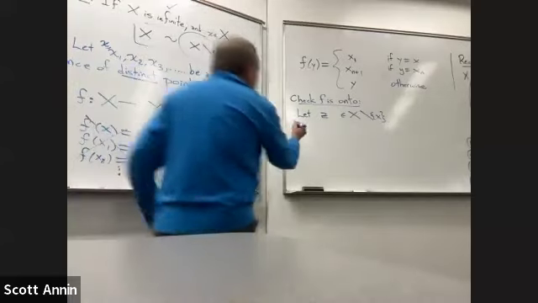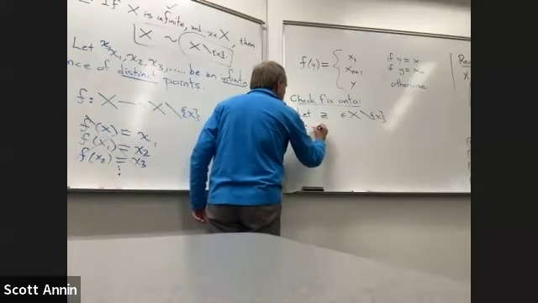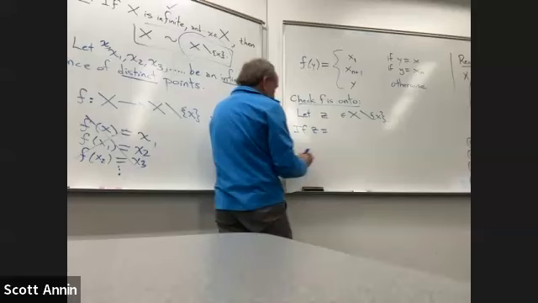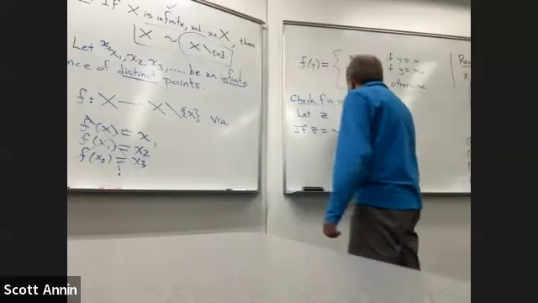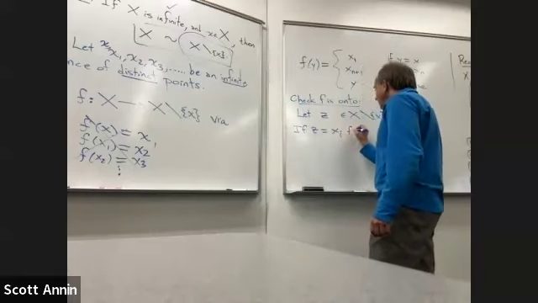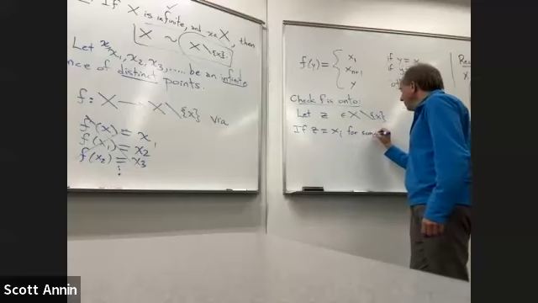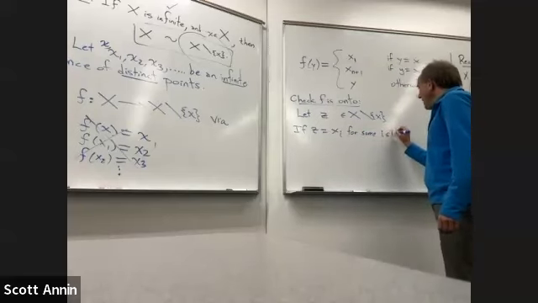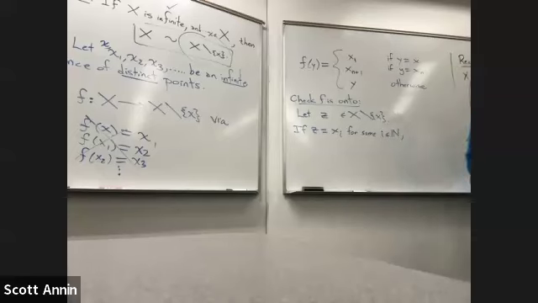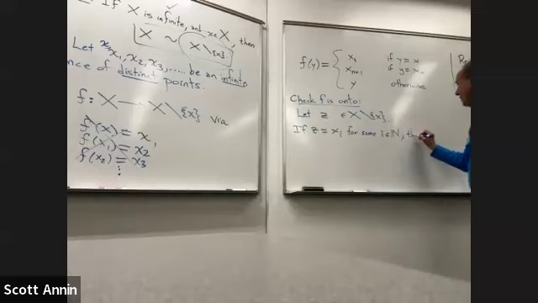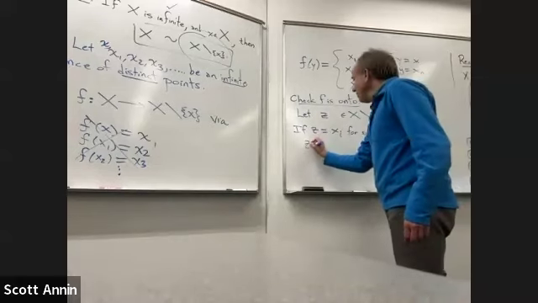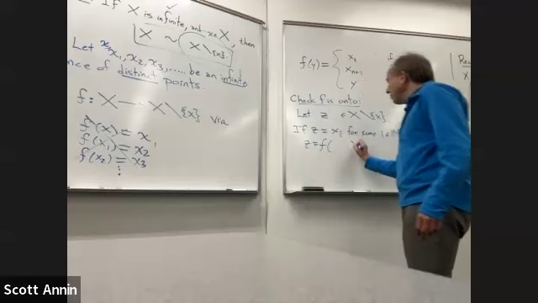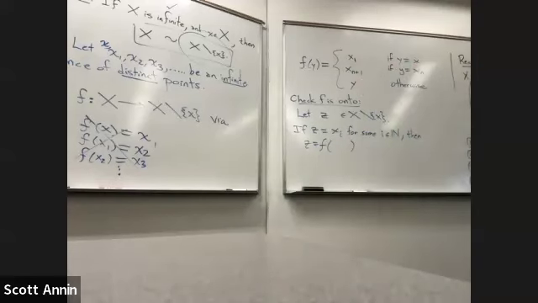So you could say, if z is equal to x sub i for some i in the natural numbers, so that's a possibility. z could be one of these elements in my sequence. Then z would be f of, can we write z as f of something now?